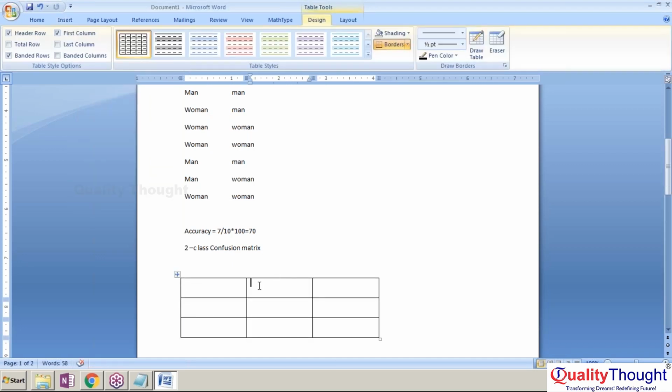So here, man, woman, men, women. Can you please tell me how many men are predicted as men? 3.